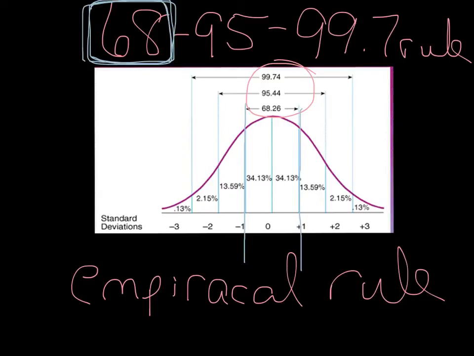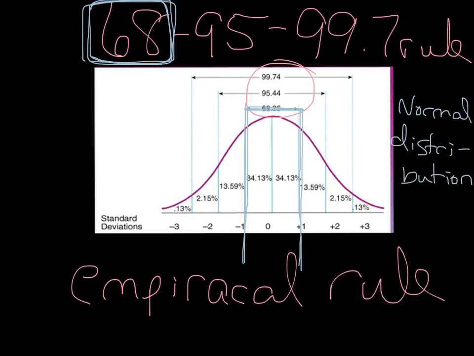Which then should probably bring up a couple of questions like, whoa, what do you mean data? What is that? Well, what is this graph? What is it showing? It's called the normal distribution. And like I said back at the beginning of the school year, don't sleep on this word distribution. What exactly is that word saying? It's saying all the observations shown graphically, distributed from low to high.